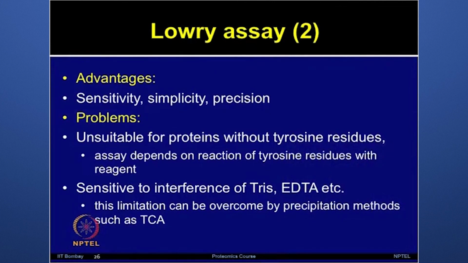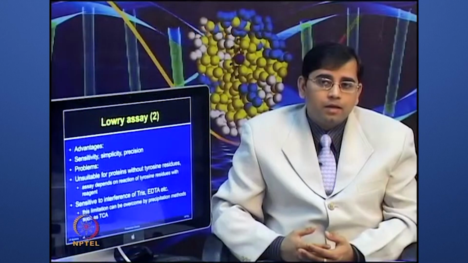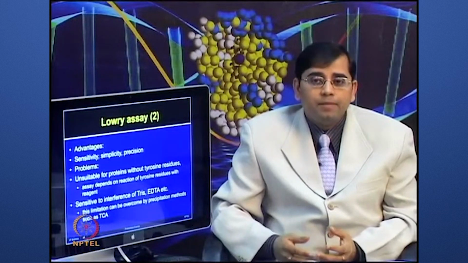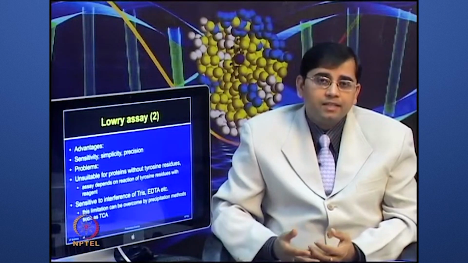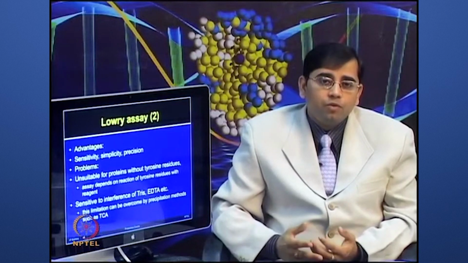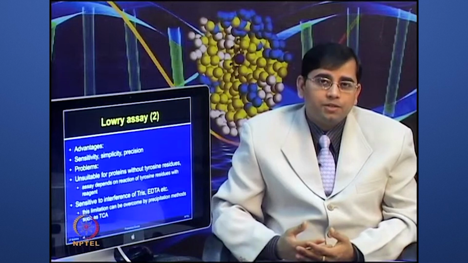The sensitivity to interfering components such as Tris or EDTA is another limitation of this method, but it can be overcome if you add a precipitant such as TCA, trichloroacetic acid. By addition of TCA, one can overcome this limitation.